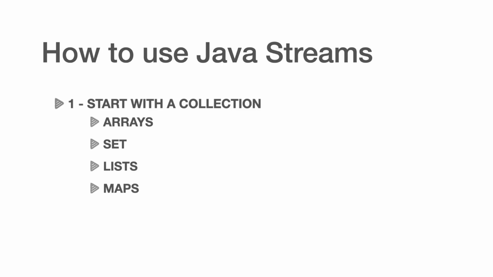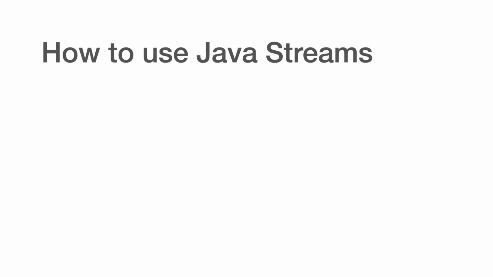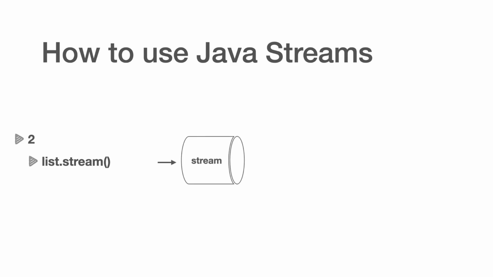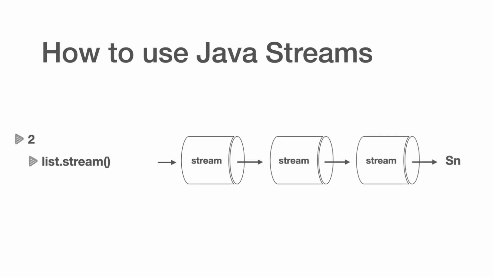Now that you have your starting point, from the list itself we invoke the stream method. From this point onwards, we can have as many streams as we want. So we can have a stream 1, 2, 3, and so forth.